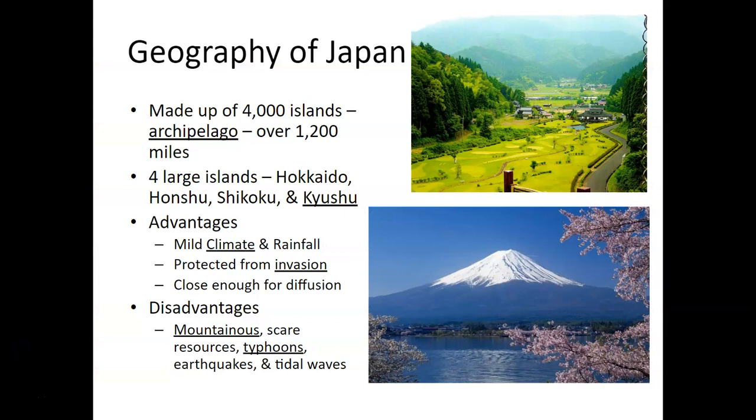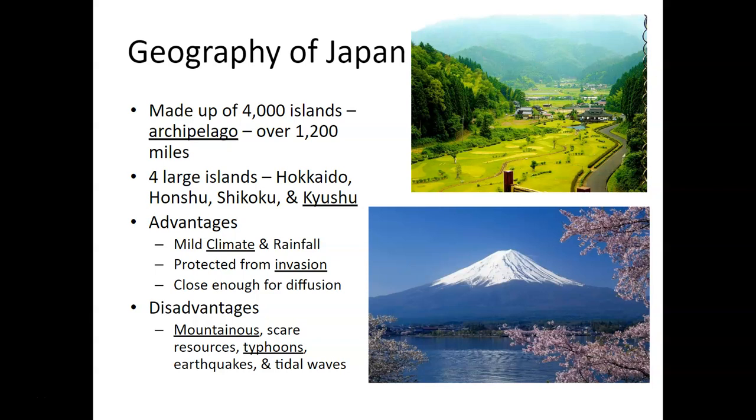Okay, so Japan. Just like we've done with many different cultures in this class, whether it was looking at Russia or the steppe, where many people like the Mongols or the Turks or the Huns came from, we have to look at the geography of Japan to really gain an understanding of how the ways of life developed.